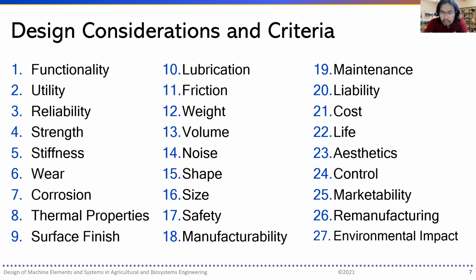And there's also thermal properties, covering specific heat, thermal conductivity, and others. There's surface finish, relating to the gloss or the shine of the material surface. And there are other properties.